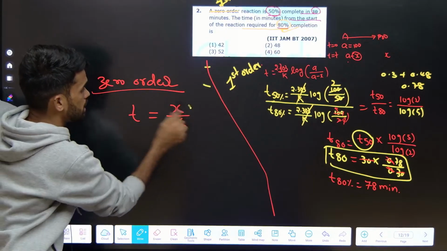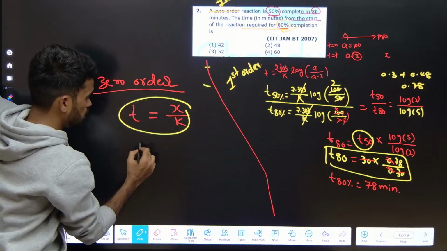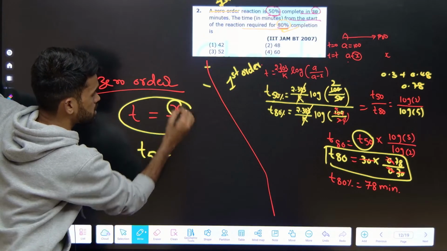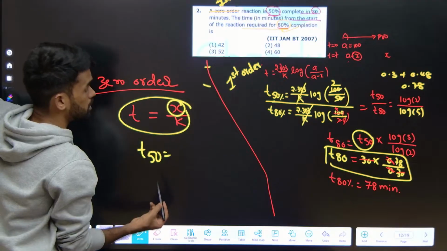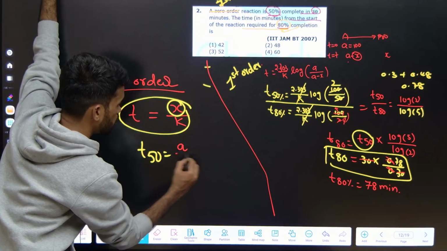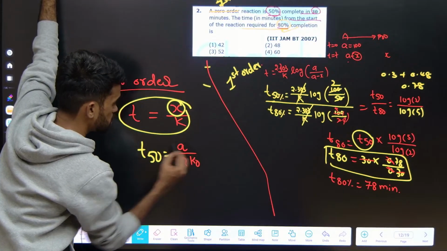How we got this integral equation, we have discussed. So for T half, X is the amount consumed, that is 50%, remaining is 50, that is A by 2 K naught, this is for 50%.